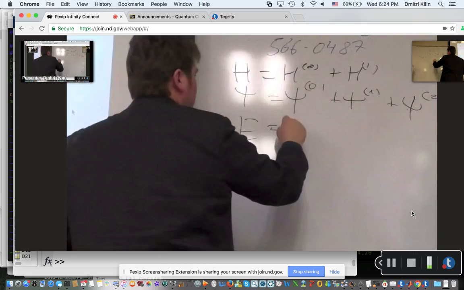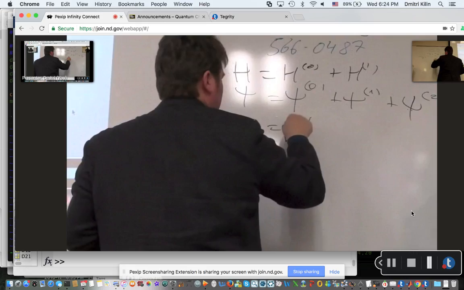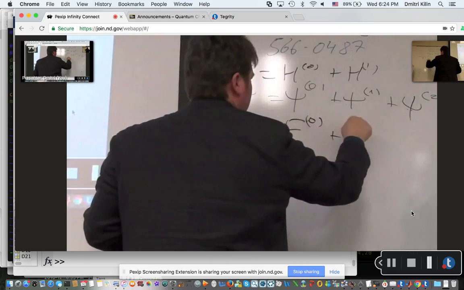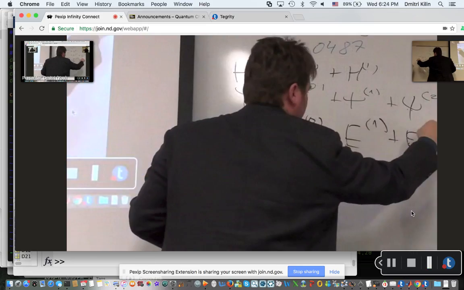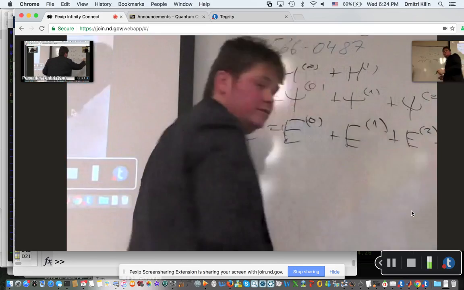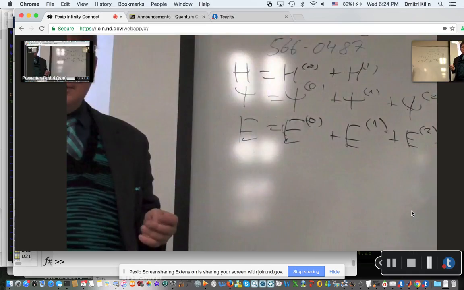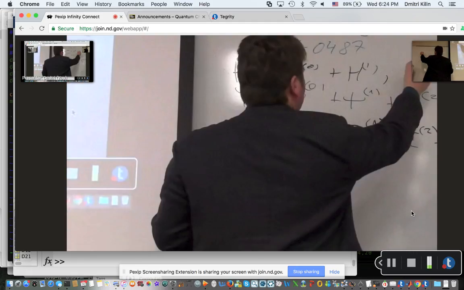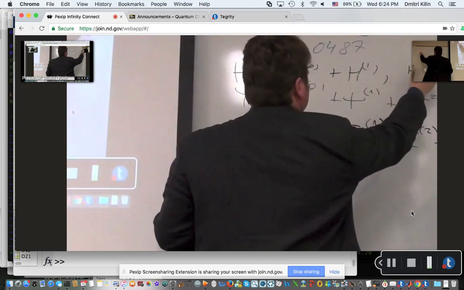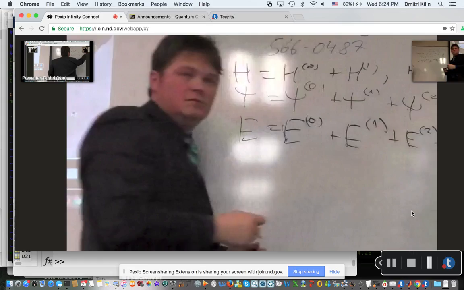And the energy is a summation of the energy of zeroth order plus first order correction plus second order correction and so forth. Right? Then there are conditions. This all will work assuming that H1 is smaller than H0.